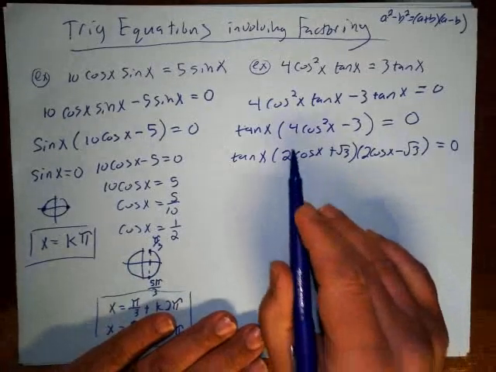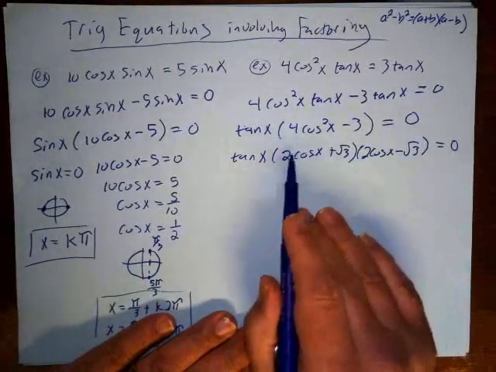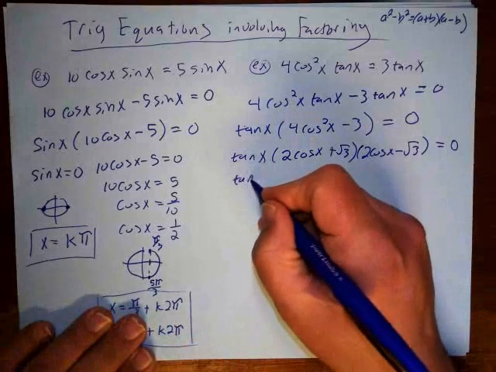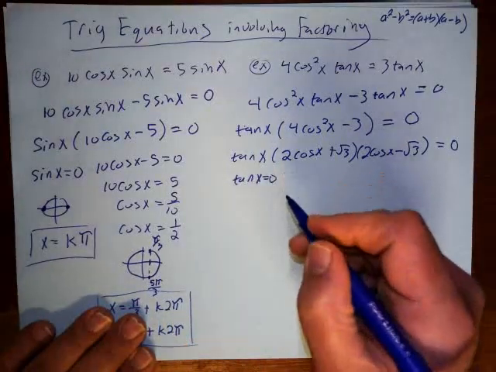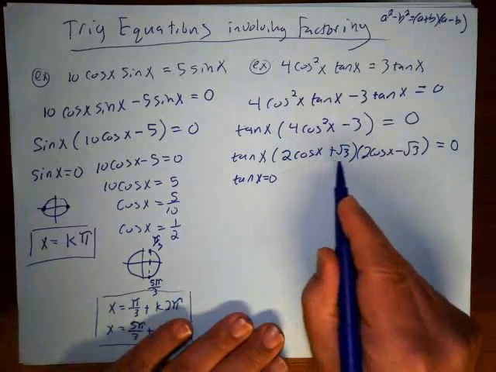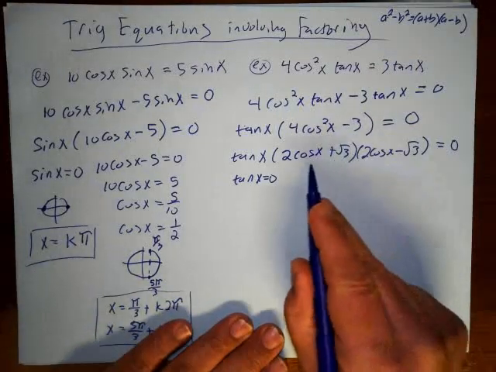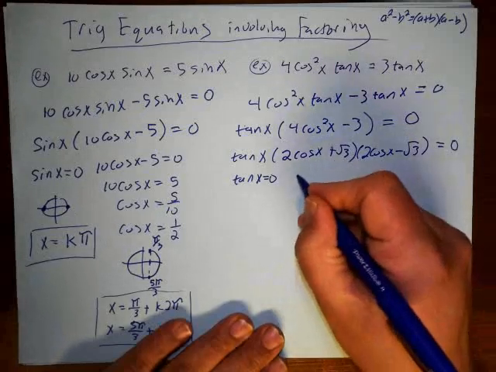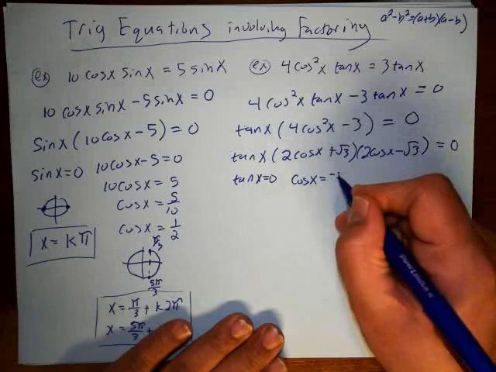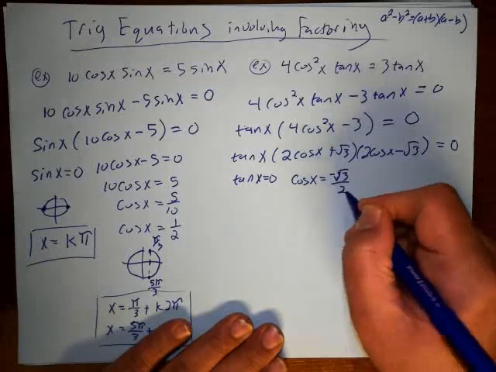Okay, so that factors like this, and so you either get tangent x is equal to 0, and then for these here, just to save room, I'd bring the square root of 3 to the other side, dividing by 2. So this one is really cosine x is equal to negative square root of 3 over 2.